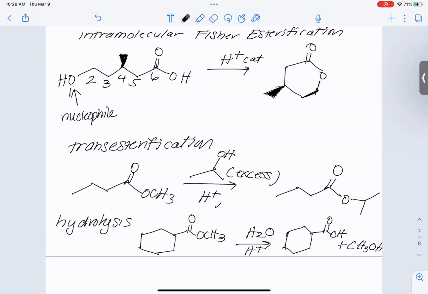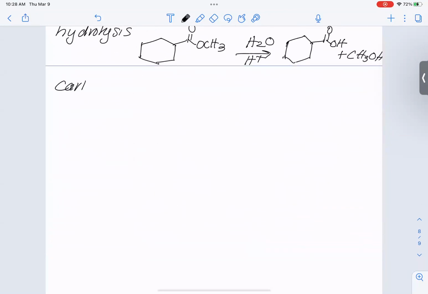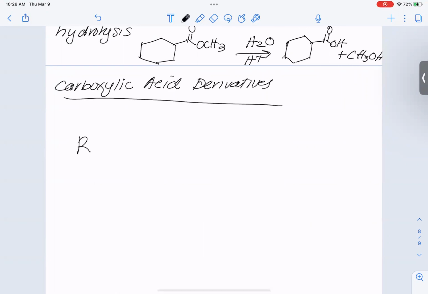What we're going to do now is look at what are known as carboxylic acid derivatives. An ester is a carboxylic acid derivative. So here's your carboxylic acid.